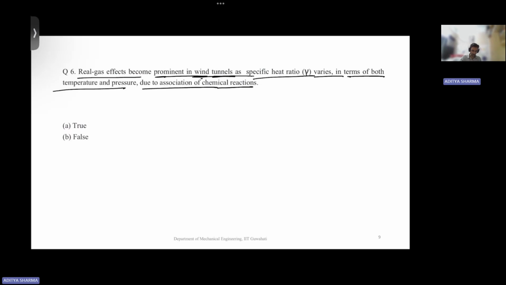This statement is related to your lecture number 29. If you see in your slide number 16, you'll find this statement. It is related to your shock tunnels.